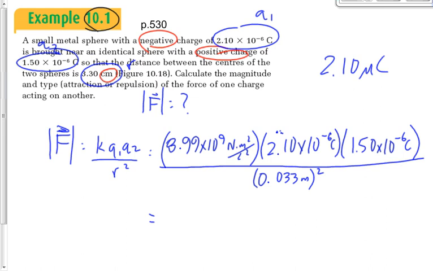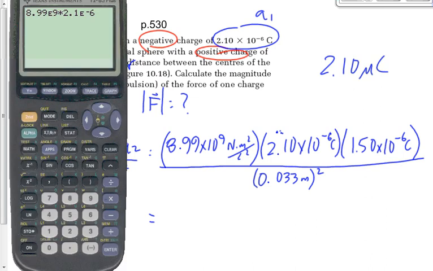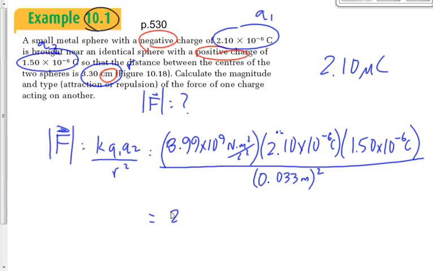We said a coulomb is a really, really big unit of charge. So typically you are dealing with microcoulombs or nanocoulombs, 10 to the minus 6, 10 to the minus 9 coulombs, not coulombs, because it's just too big of a unit. 1.5 times 10 to the minus 6. Let's divide that by, and be careful here, 0.033 squared. We get 26 newtons. 26.0 newtons, it should be 3 digits. All right, the second part of the question is: is it attractive or repulsive?